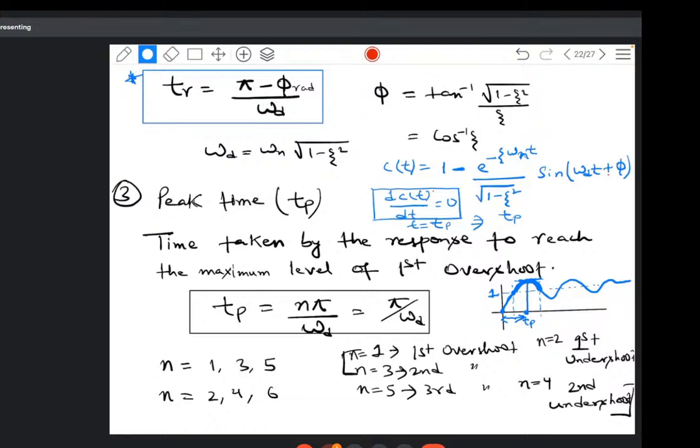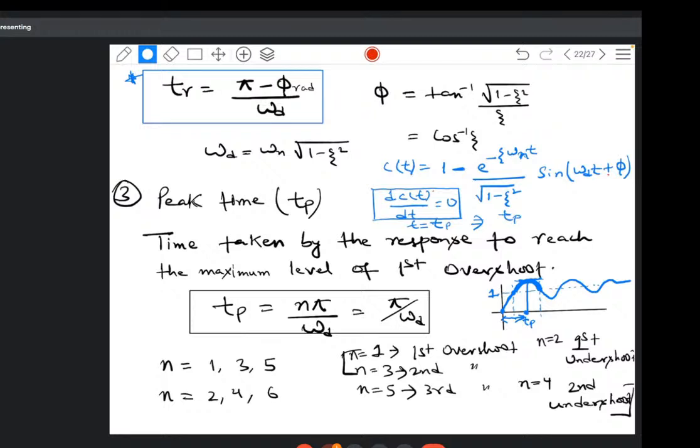ठीक है, क्या होता है settling time? If I am waiting for the output to get settled, it may take very high time, it may take infinite time also, because I know that my system is oscillating and I don't know how long it is going to oscillate.